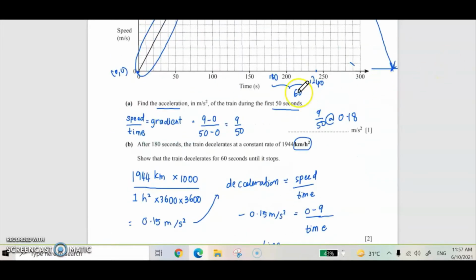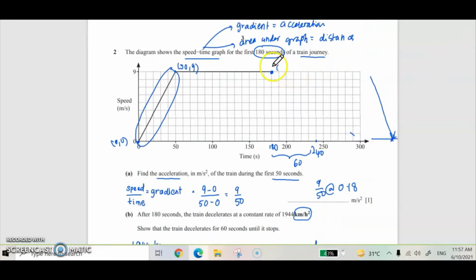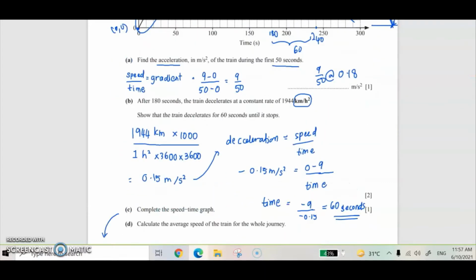As we know that given that acceleration, this is a deceleration lah, maknanya negative lah. The formula is speed over time. Okay, so speed dekat sini kita dah ada lah, which is start dengan 9 and then akhir pada 0. Okay, we know that deceleration is equal to speed ni mana kita akan ambil final speed minus with initial speed.